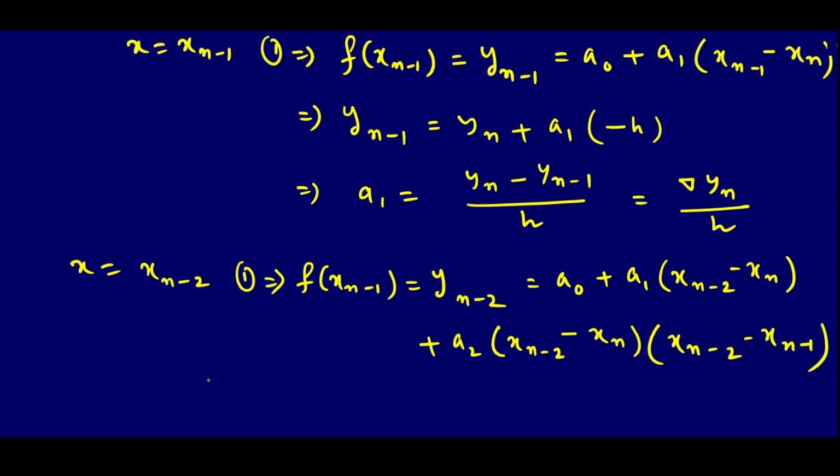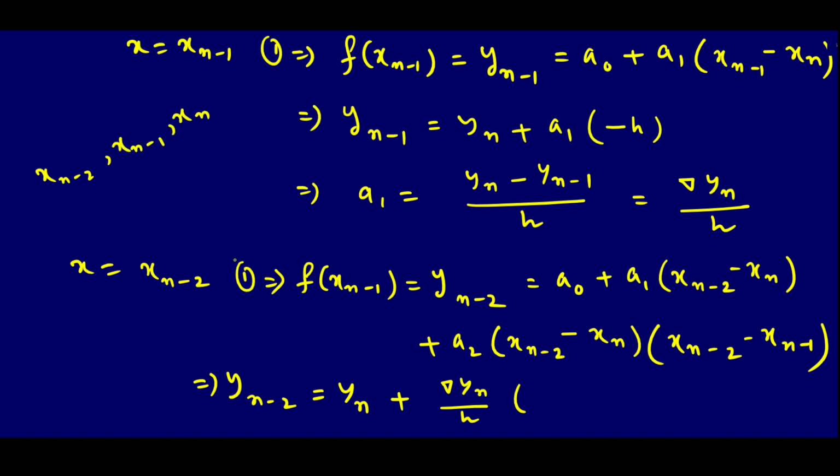So this implies yn minus 2: the first term is a0, in place of a0 we can put yn, plus a1, which we just got as nabla yn by h, and then how much is xn minus 2 minus xn? This is not adjacent, right? There is a gap of 2, because after xn minus 2 comes xn minus 1, then comes xn.